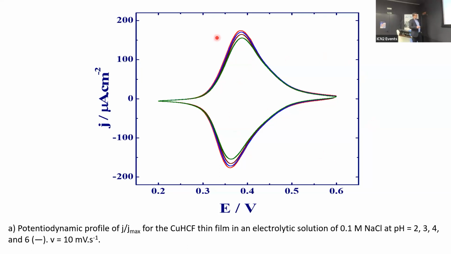Here, we can observe this Prussian blue analog is not sensitive to the pH of the solution, because the intercalation is associated only with sodium and potassium ions.